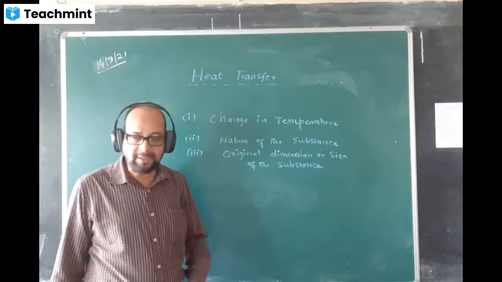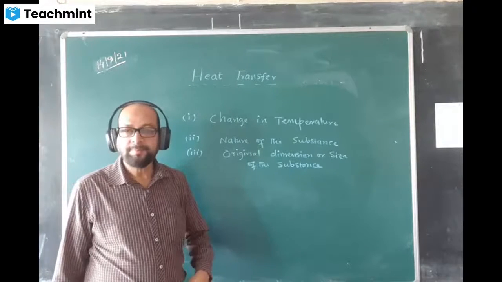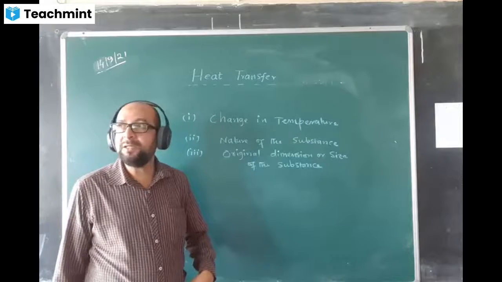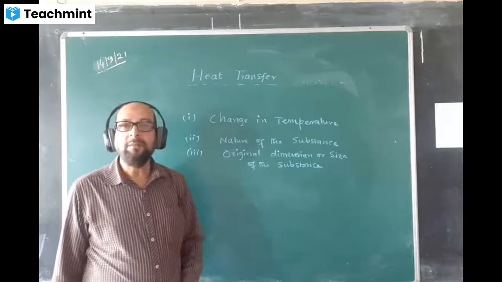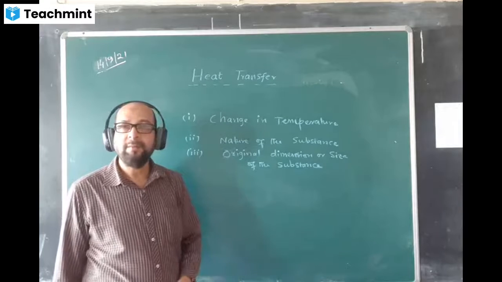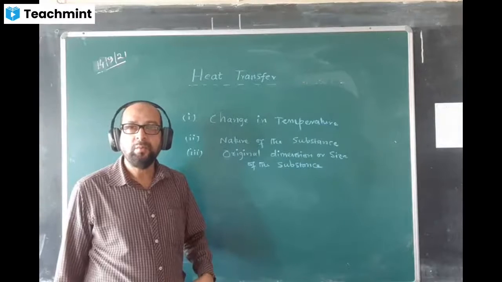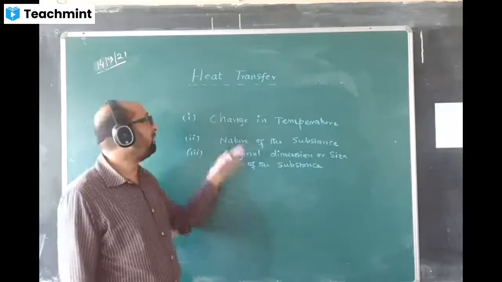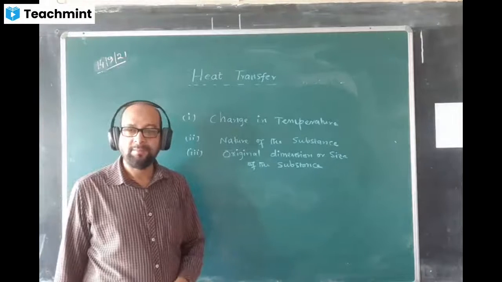So expansion even depends on the original size of the body. If the size is bigger, there will be more expansion. If the size is smaller, less expansion. So these are the three factors on which the thermal expansion in a substance depends.